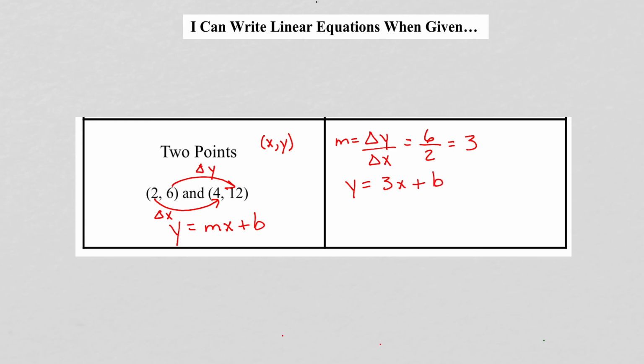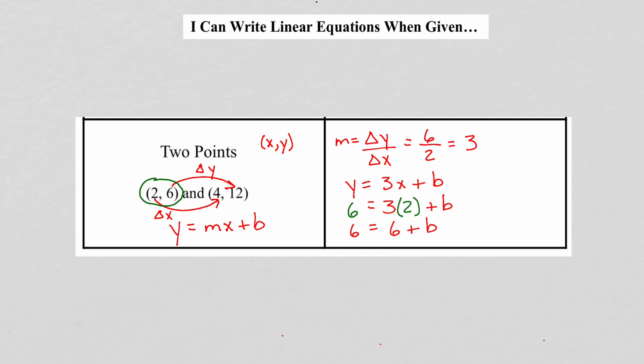We still don't know what b is, but all we have to do is choose one of these points and plug it in the equation. I'm going to choose this one. So instead of that x, I'm going to write 6 equals 3, and I'm going to put my 2 in here, plus b. Okay, so I can say 6 equals 6 plus b.